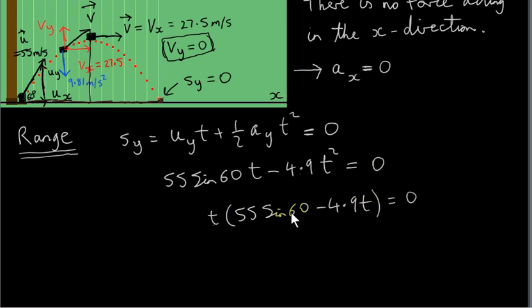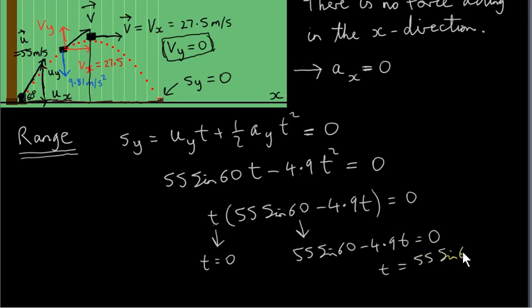We have the two factors of it. The two factors multiply to give 0. The only way that can happen is if either of them is 0. Either t is 0 or this other factor is 0. If we put this other factor equal to 0, what do we get? I'll just write it down first. 55 sine 60 minus 4.9t equals 0. So t equals 55 sine 60 divided by 4.9.